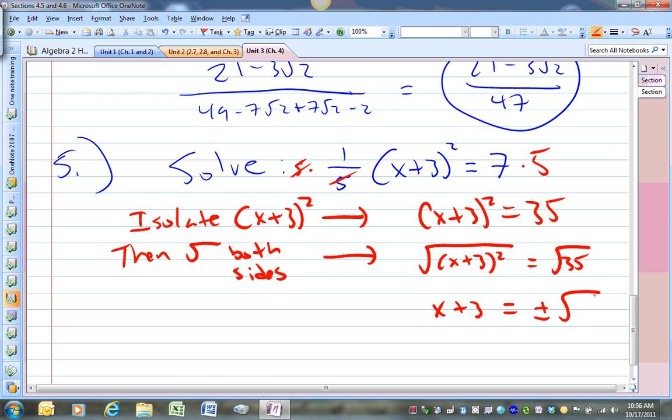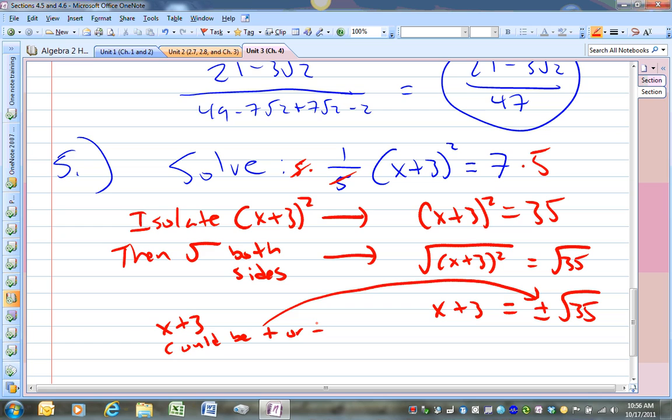However, you do have to say plus or minus, because x plus 3 could be positive or negative. When you square a positive it is positive, and when you square a negative it also comes out positive. So it could actually hold two values. So x equals -3 plus or minus root 35.